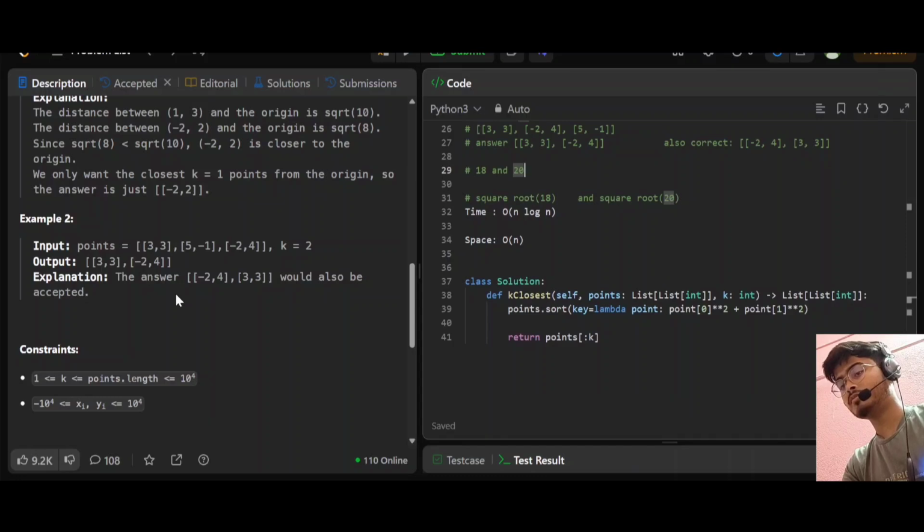This is the code. The time complexity is n log n, the space complexity is big O of n. A heap based approach can solve the problem in n log k time, but the sorting solution is the simplest approach for beginners. That completes our solution for LeetCode problem number 973, K Closest Points to Origin.